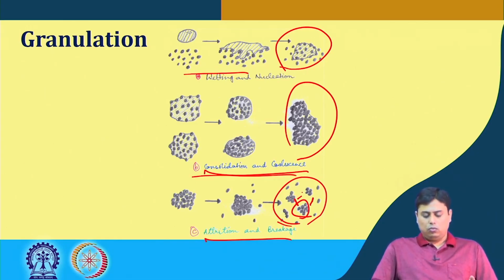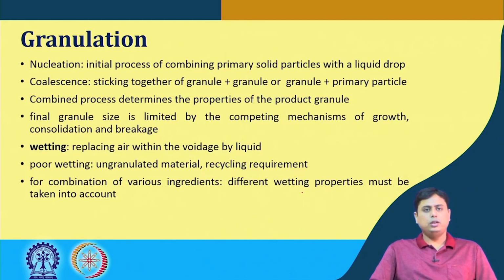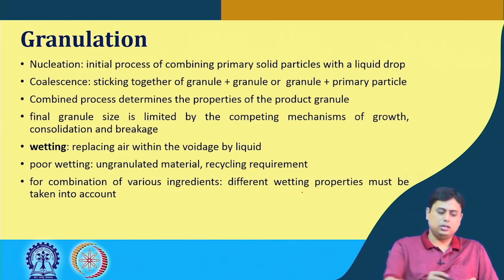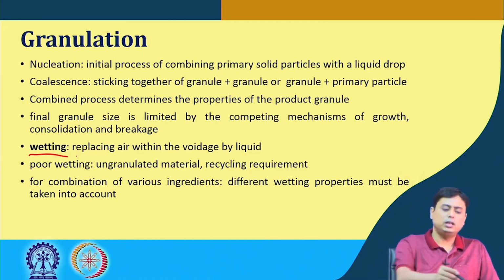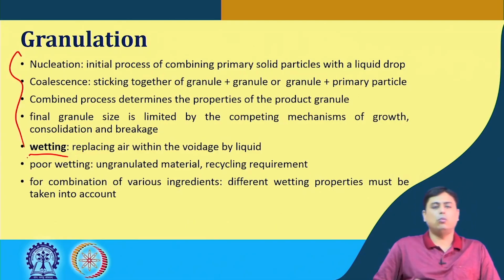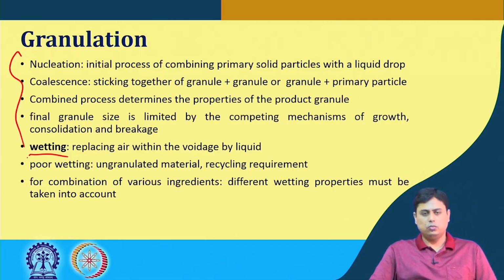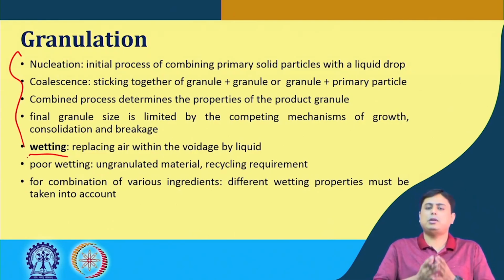So now we are going into the details of the particular rate stage, that is the wetting. We have mentioned this terminology. One is nucleation, which is the initial process of combining several smaller particles or the primary solid particles with a liquid drop.